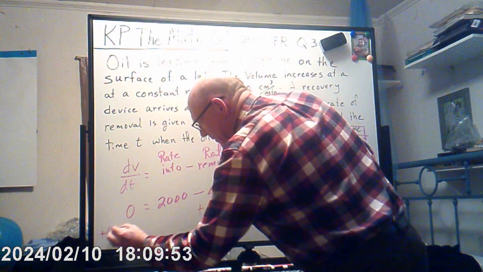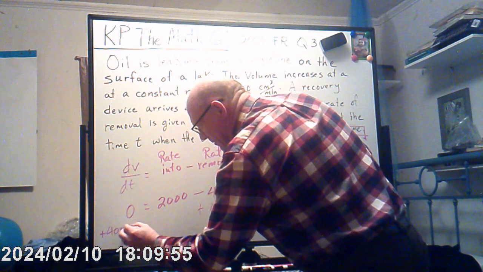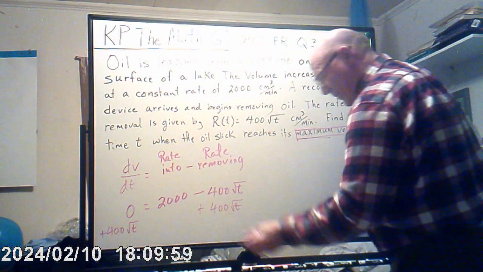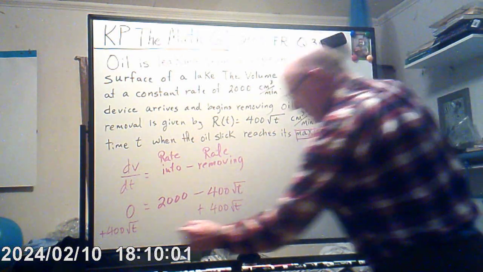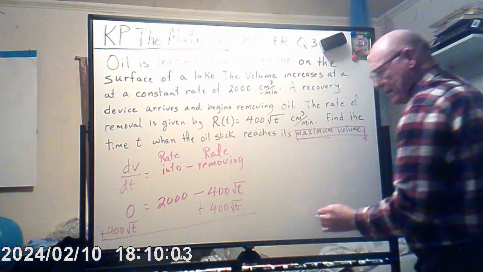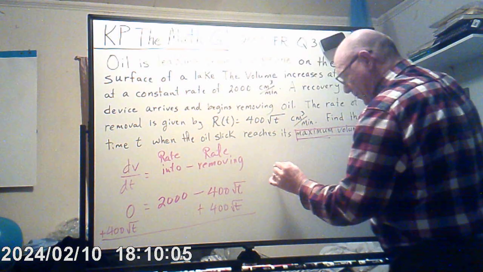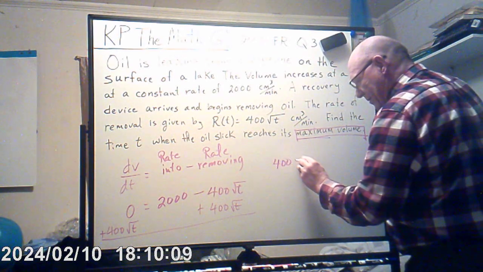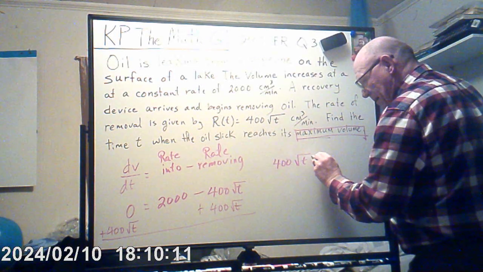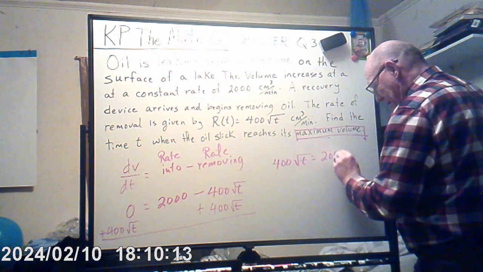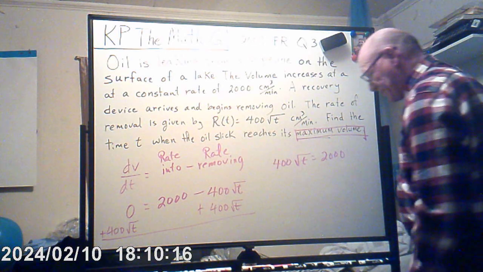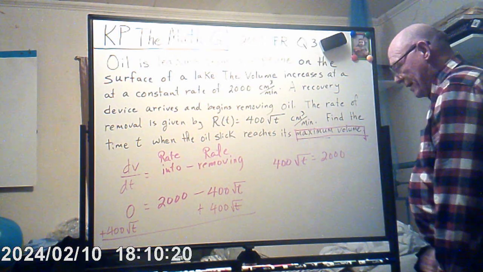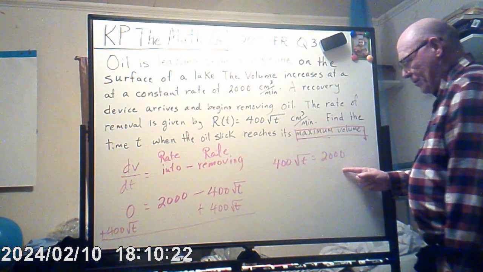Now we've got 400 times the square root of t on the left side, equal to 2,000.